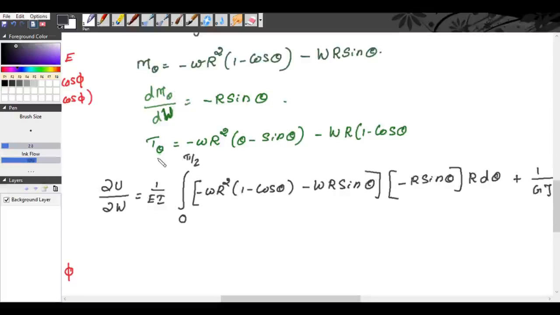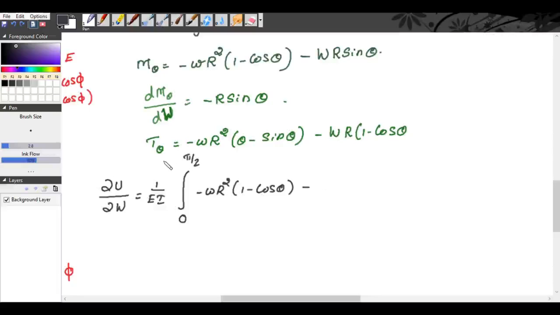Okay, we didn't find dT theta by dW yet, we will find that also. After finding dT theta by dW, we will come back to this dou u by dou W.